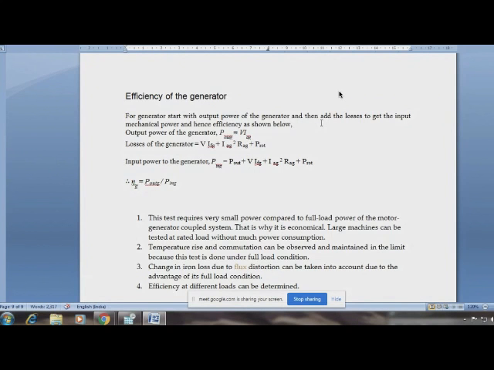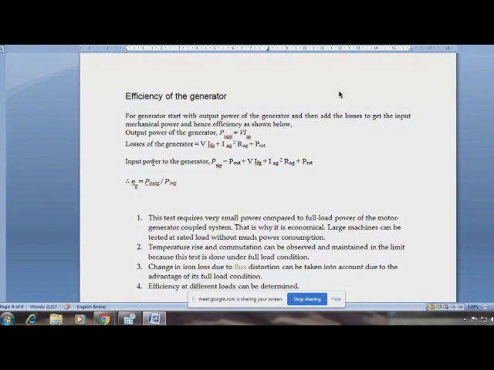Right. So the output power of the generator is V into IAG. Losses of the generator: VIFG, that is field loss, IAG square RAG, copper loss, plus rotational loss.